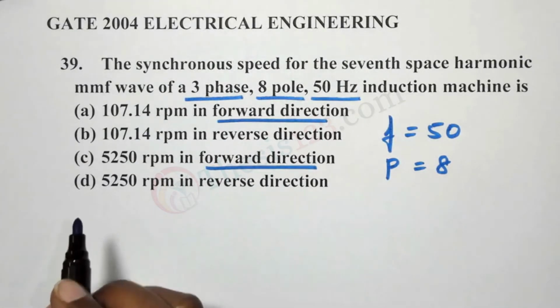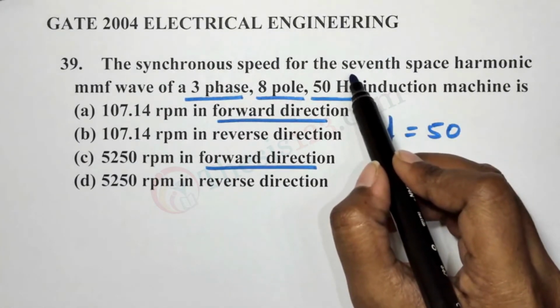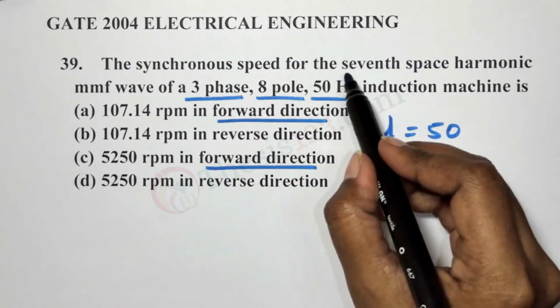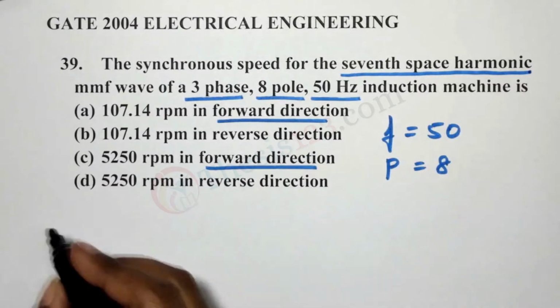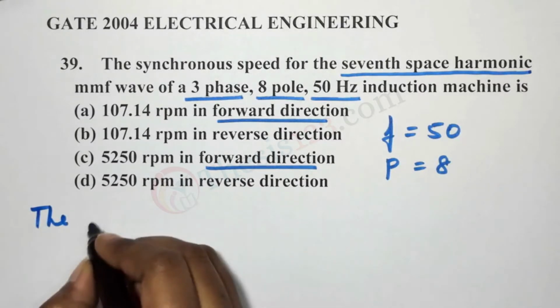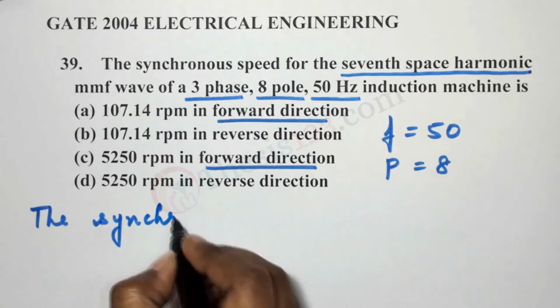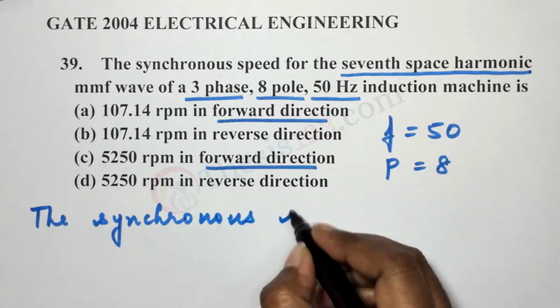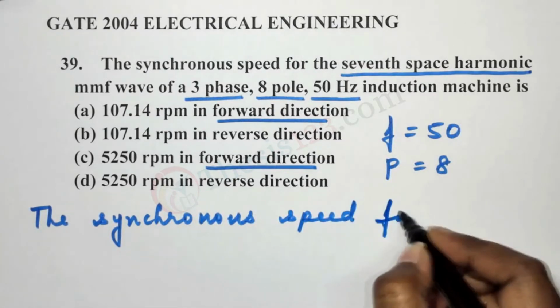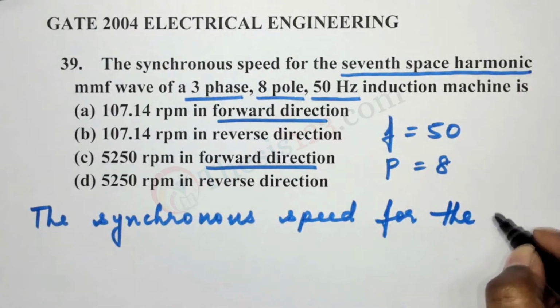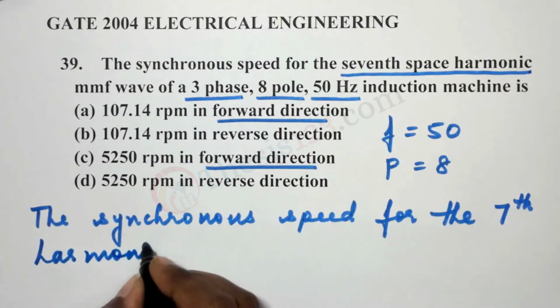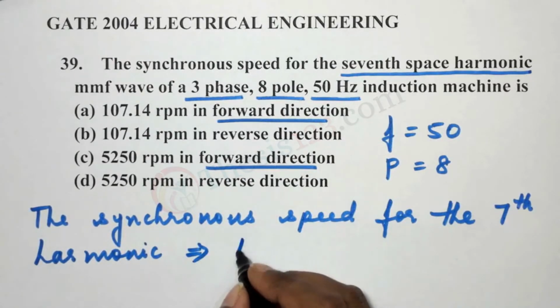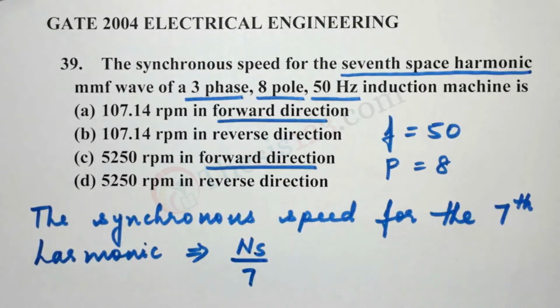Okay, so first let's write down the relationship between the synchronous speed and the 7th harmonic synchronous speed. The synchronous speed for the 7th harmonic would be given as ns divided by 7, where ns is the synchronous speed of the machine.